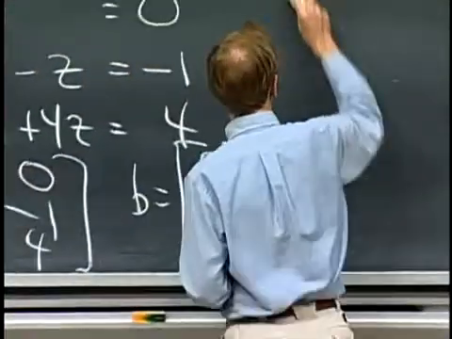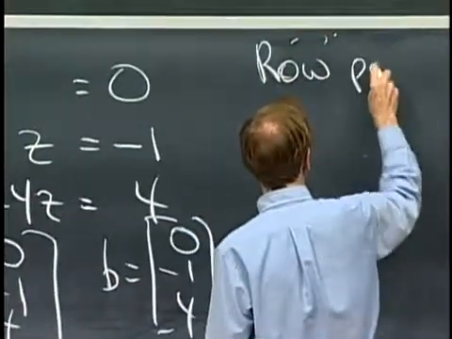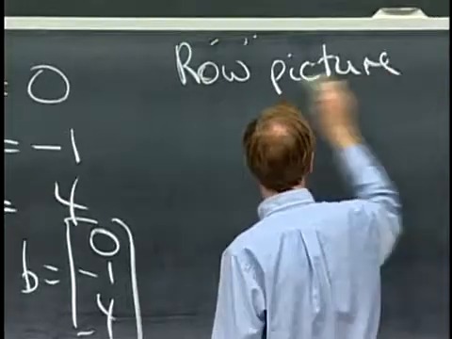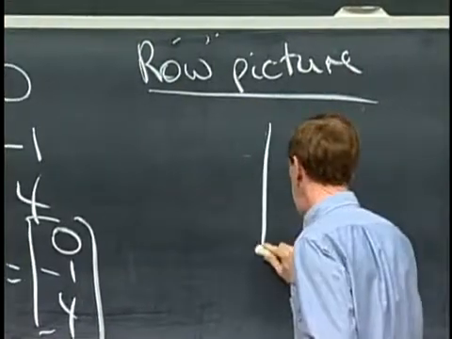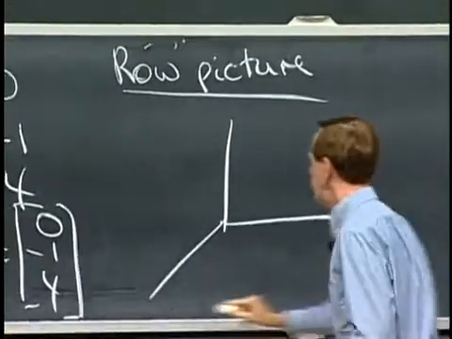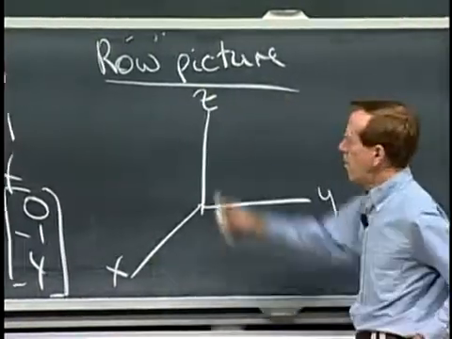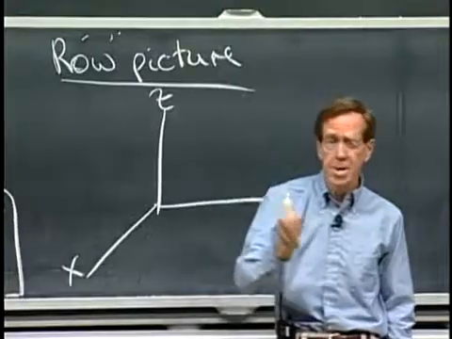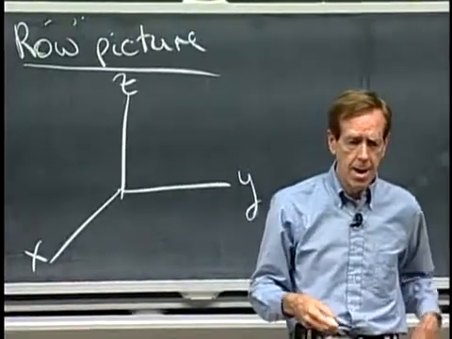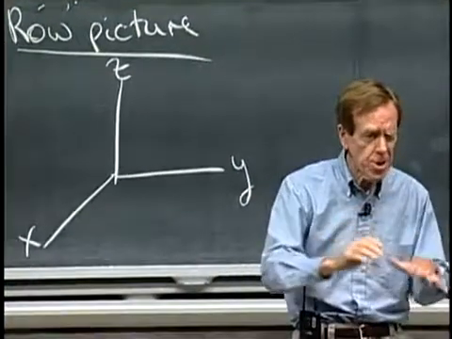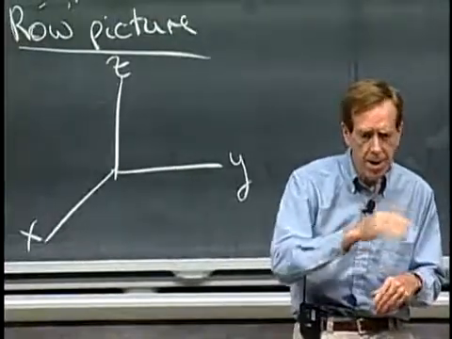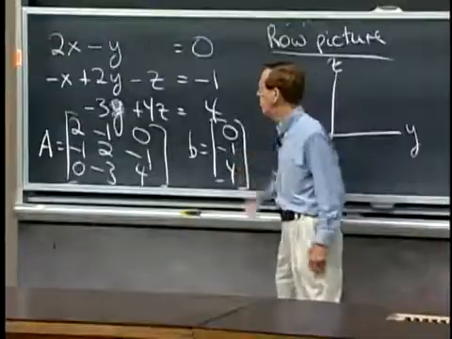Okay. So the row picture. All right, so I'm in 3 dimensions, x, y, and z. And I want to take those equations one at a time and make a picture of all the points that satisfy. Let's take equation number 2.